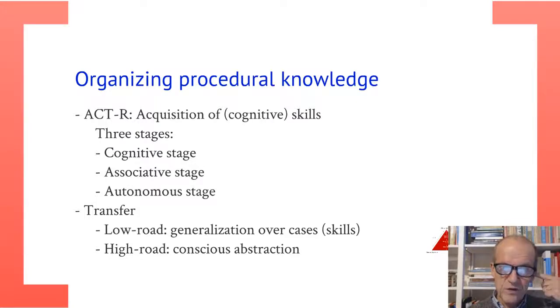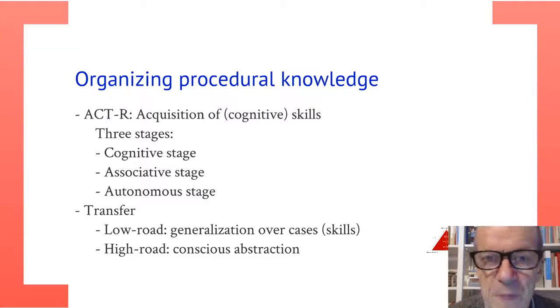You listen to yourself, you hear yourself making mistakes, you try to correct them, and you try to arrive at something like a sort of smooth reproduction of the notes which are in front of you. That is the cognitive stage. Conscious attention, a lot of effort, slow performance, easily modifiable.